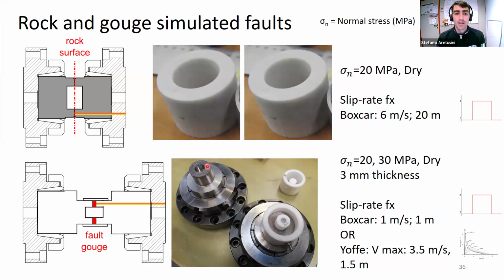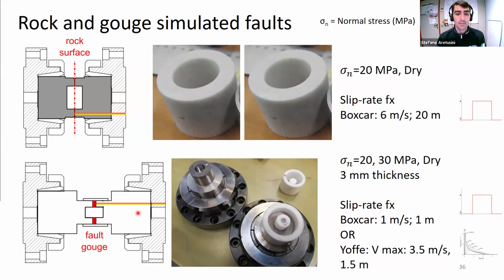In the case of gouges, thanks to a sample holder, we managed to confine a 3 millimeter thick gouge layer in this part of the sample holder, which was kept in place thanks to these Teflon ring confinements. This part sits on the left, on the rotational side.